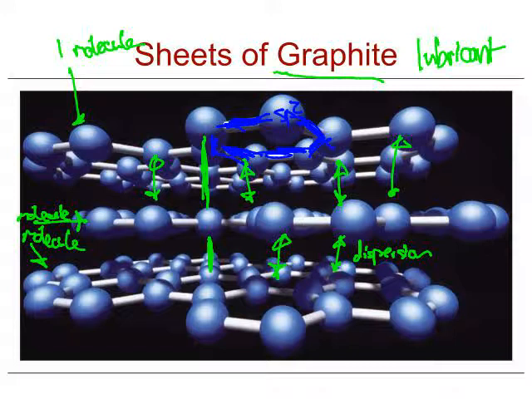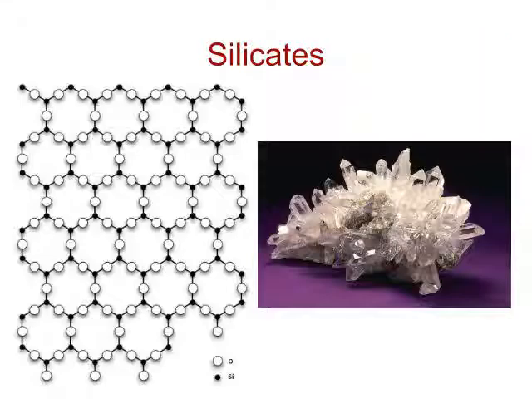One more network solid we want to look at here really fast, as an example here, are the silicates. Silica is SiO2. Now, when we talk about organic chemistry, organic chemistry is the study of carbon compounds. Carbon is very important to living things.